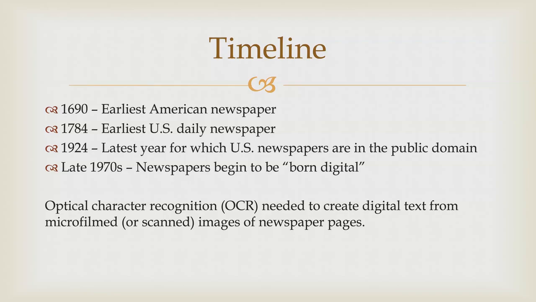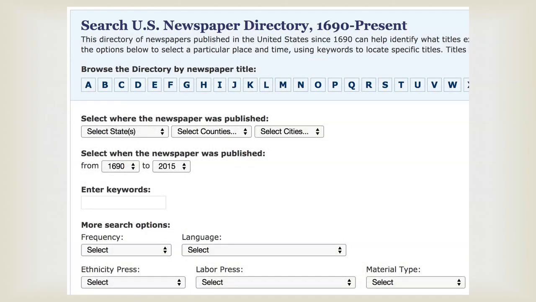If you're trying to find what newspapers to look at for your ancestor, a good place is to go to Chronicling America and look for the Search U.S. Newspaper Directory. This covers all those newspapers that are known to have been published at some time in the United States or in the colonial times, and it can help you find newspapers that might have been published in a particular U.S. state, in a particular county in that state, or even in particular cities in those counties.